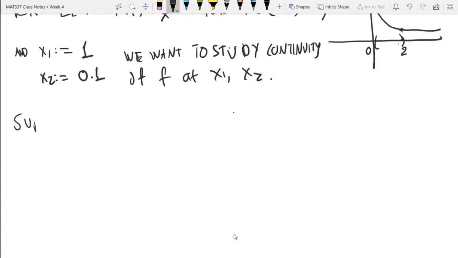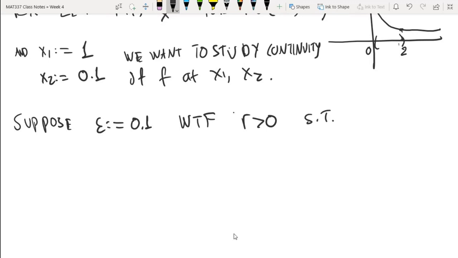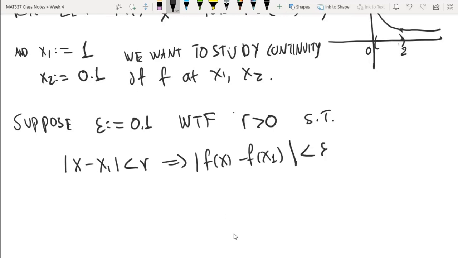Suppose you set epsilon to be 0.1. We want to find r positive so that absolute value of x minus x1 less than r implies absolute value of f of x minus f of x1 is less than 0.1. So you want this level of precision.